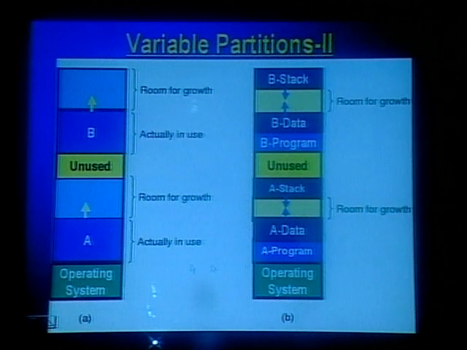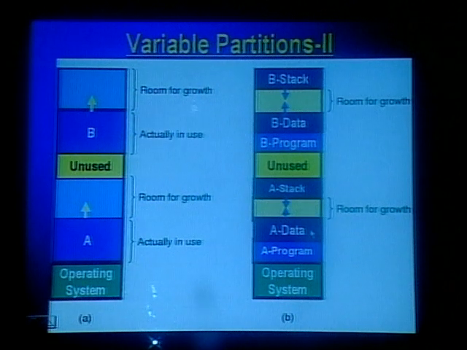Now, for this room for growth, we have a more efficient algorithm. Let's see in this diagram, variable partitioning part B. We see here that A is further subdivided into a partition for the program, a partition for A data, and a partition for A stack, and the remaining memory between the A stack and A data is the room for growth.